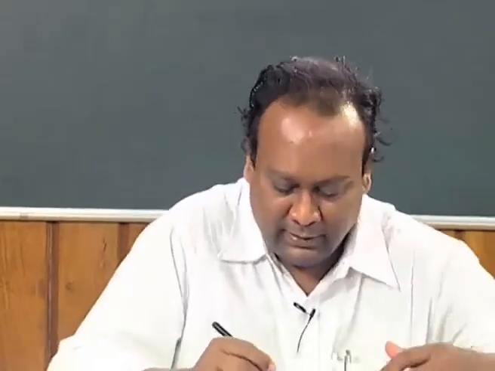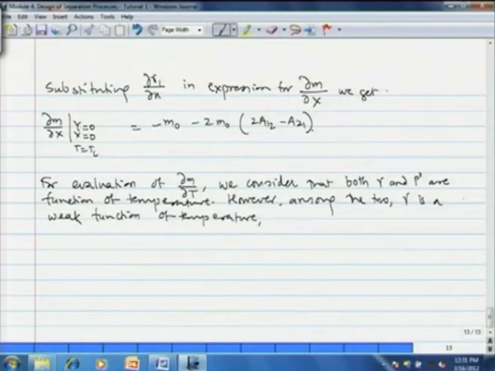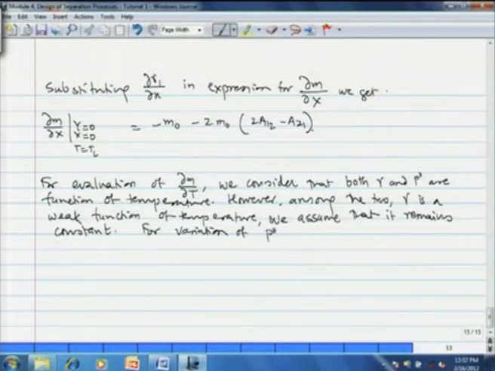So, knowing that gamma is a weak function of temperature, we assume that it remains constant. Now, for variation of P naught, vapor pressure with respect to temperature, we make use of the Clausius-Clapeyron equation.